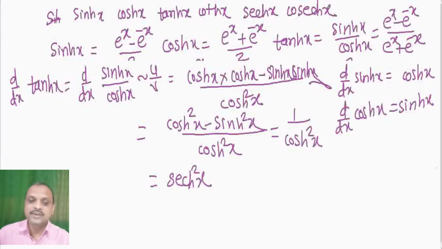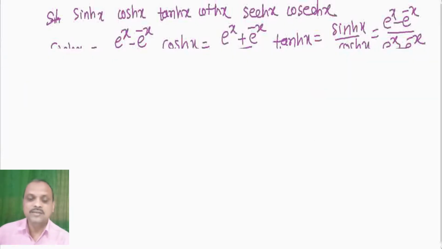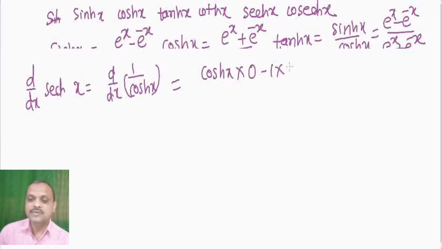Let us find the derivative of sech. Again we apply the u by v rule. Friend, you can see that if we find d by dx of sech x, this is equal to d by dx of 1 divided by cosh x. This is equal to cosh x into derivative of 1, that is 0, minus 1 into derivative of cosh x, that is sinh x, divided by cosh square x.